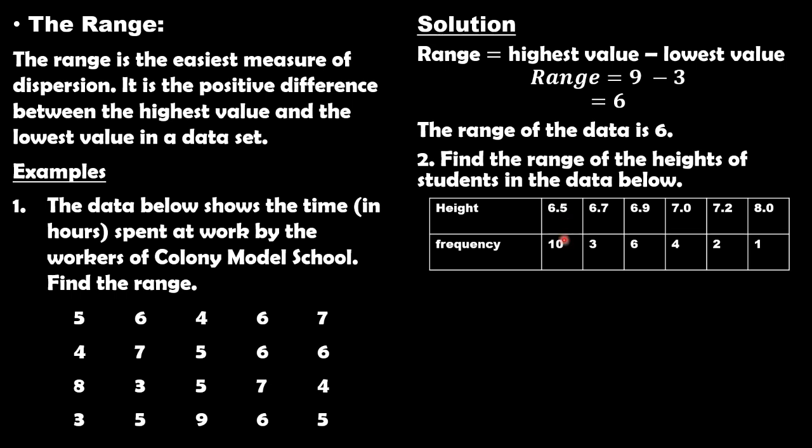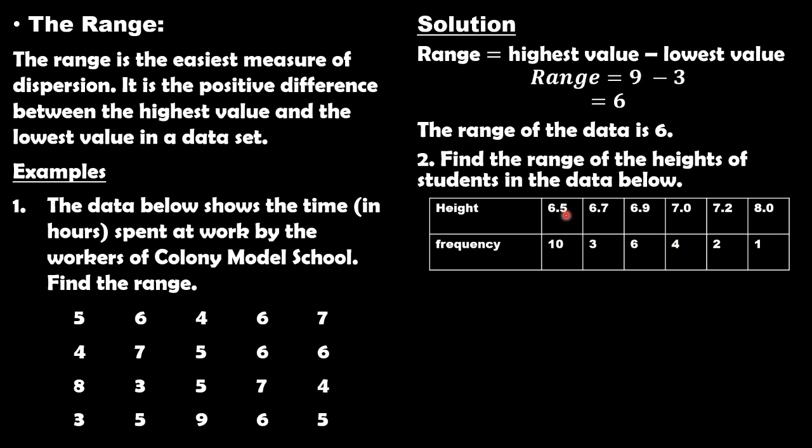This means we have 10 students with a height of 6.5. Also, we have the height 6.7 having frequency of 3. This means we have 3 students with a height of 6.7. So the data continues like this.